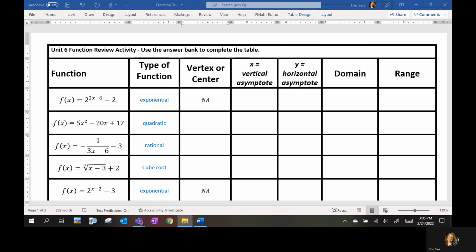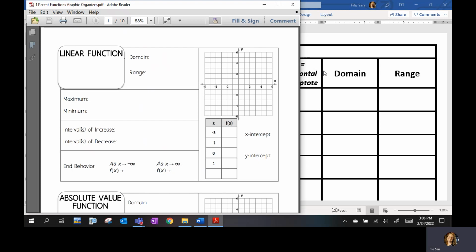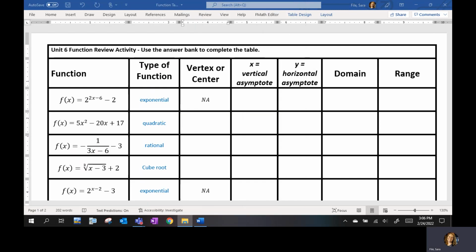Well, if I can find it, I'm going to pull it up for you. No, that's not the one I want. I want the one that's just a single page, front and back.